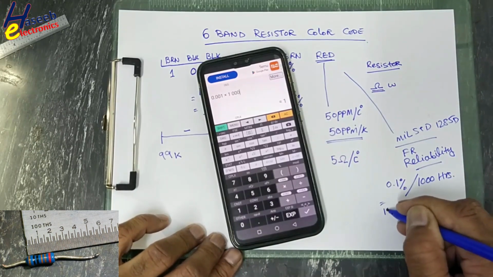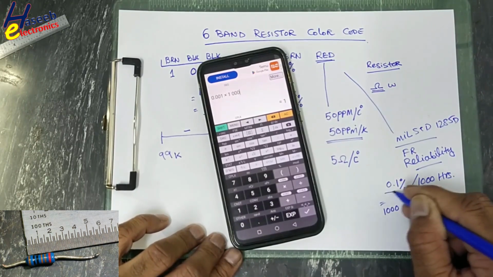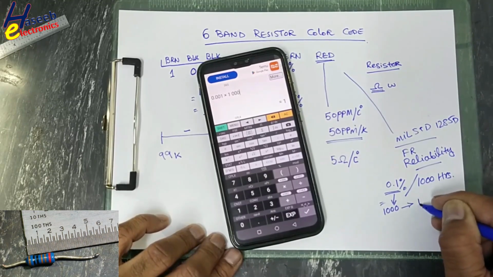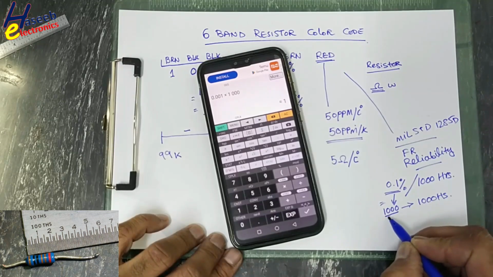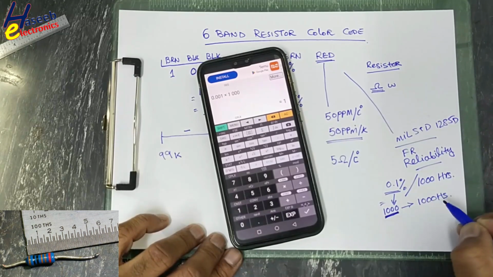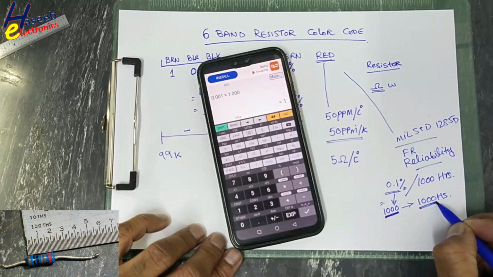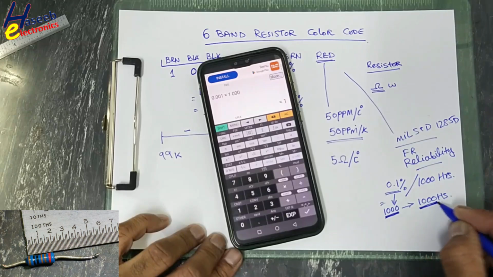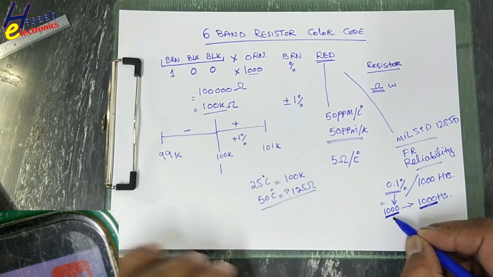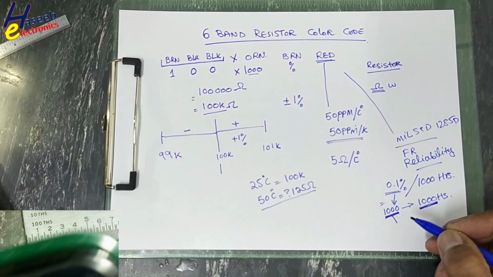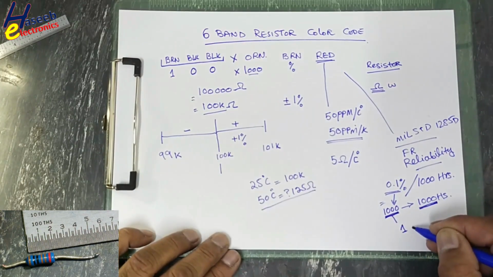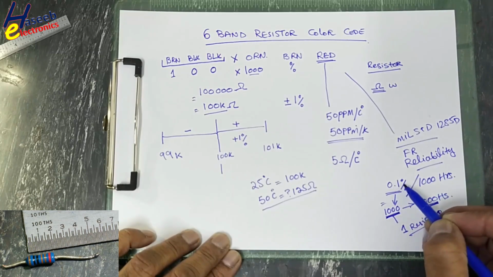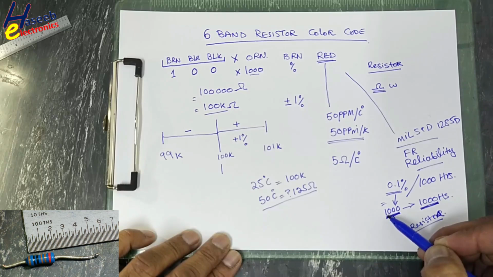If we operate 1000 resistors for 1000 hours at full rated power, after 1000 hours, out of these 1000 resistors, maybe one resistor will fail. 0.1% per 1000, 0.1% means 1 out of 1000.